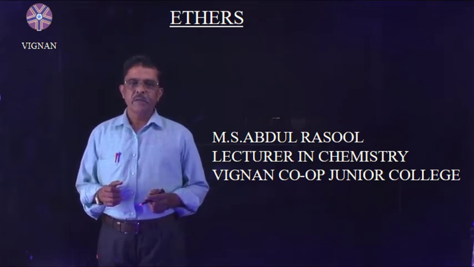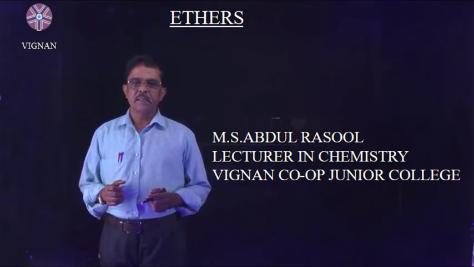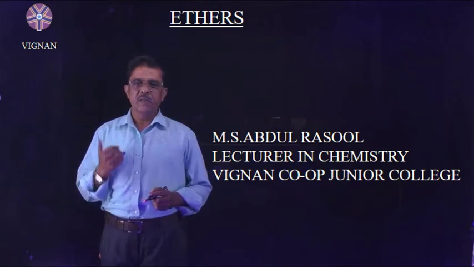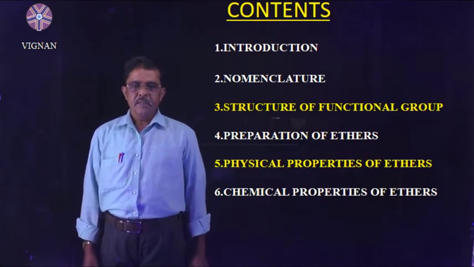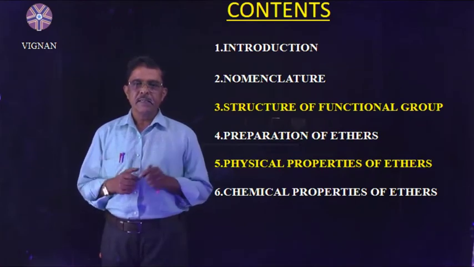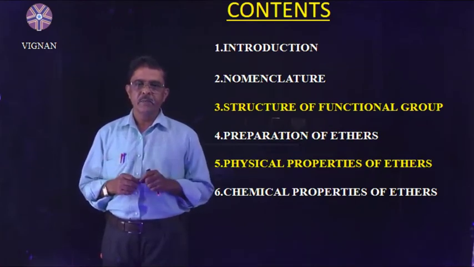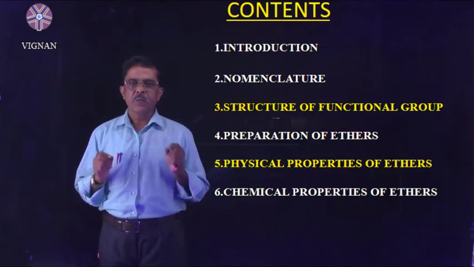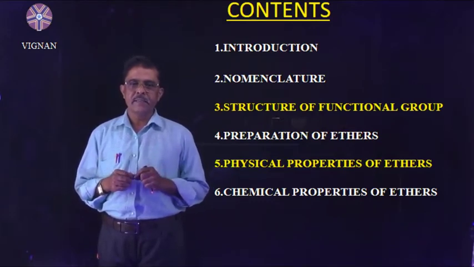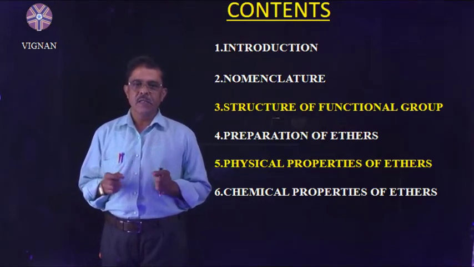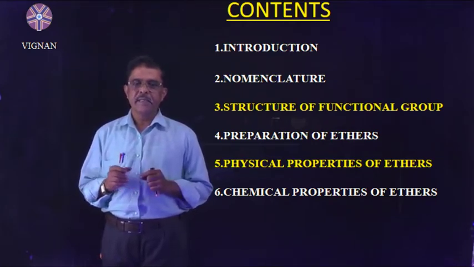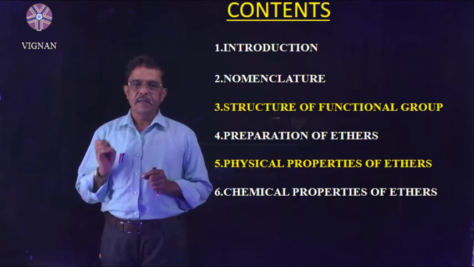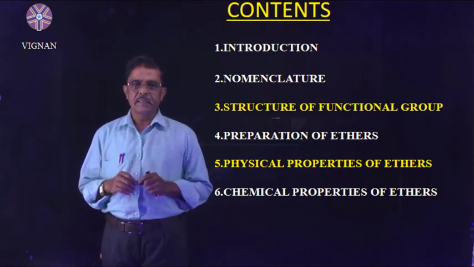Today we are going to start the ethers chapter. This ethers chapter comes after alcohols and phenols. In this chapter, the contents are introduction about ethers, nomenclature of ethers, structure of the functional group, preparations of ethers, physical properties of ethers, and chemical properties of ethers.